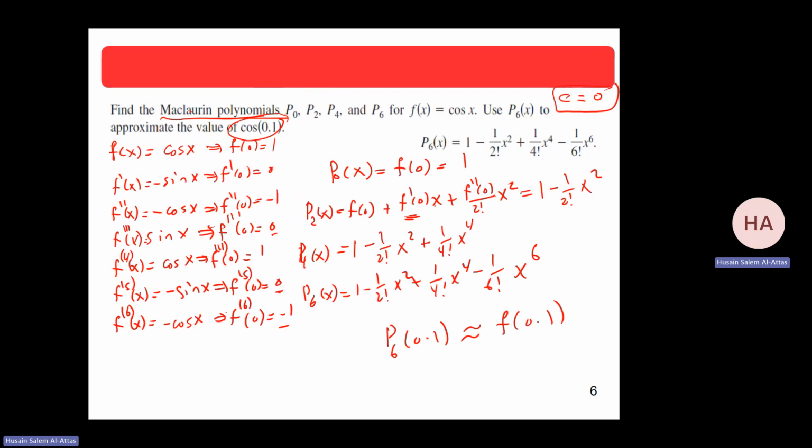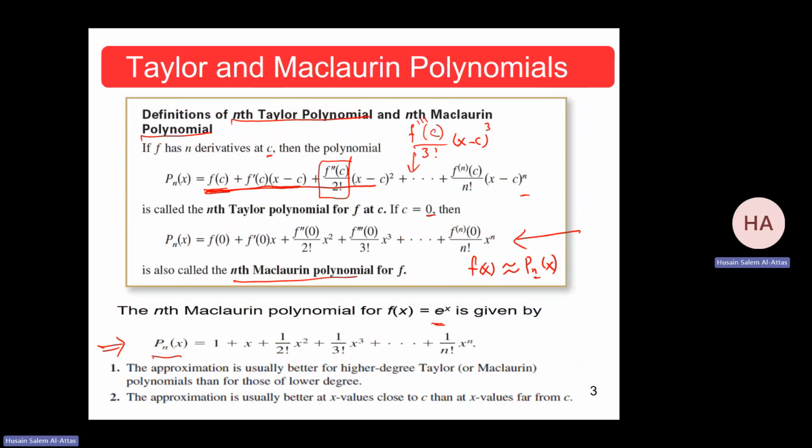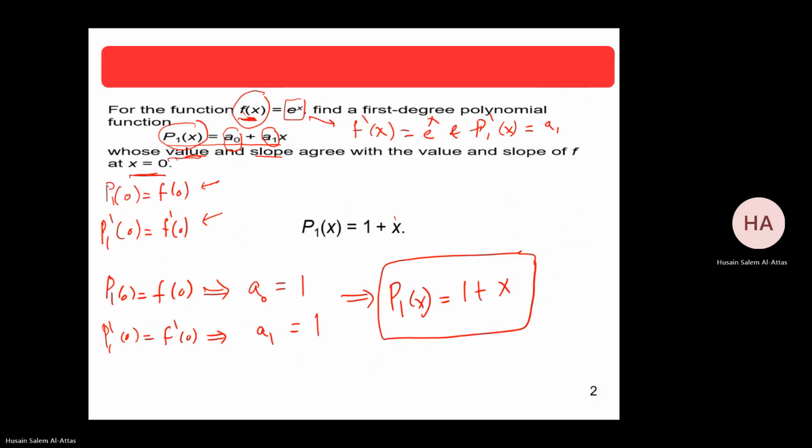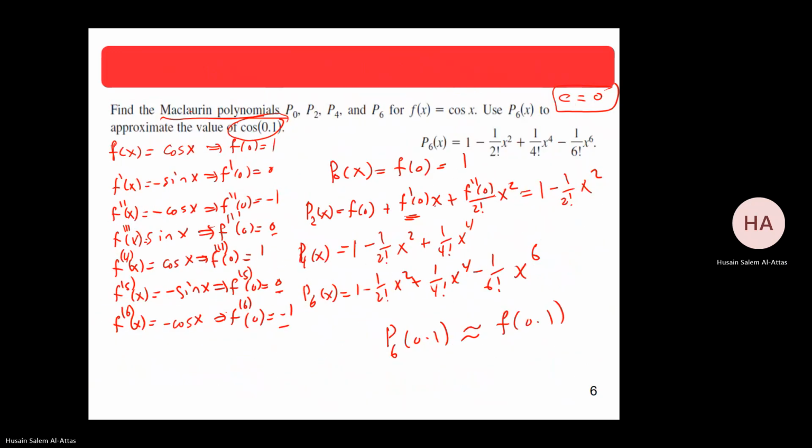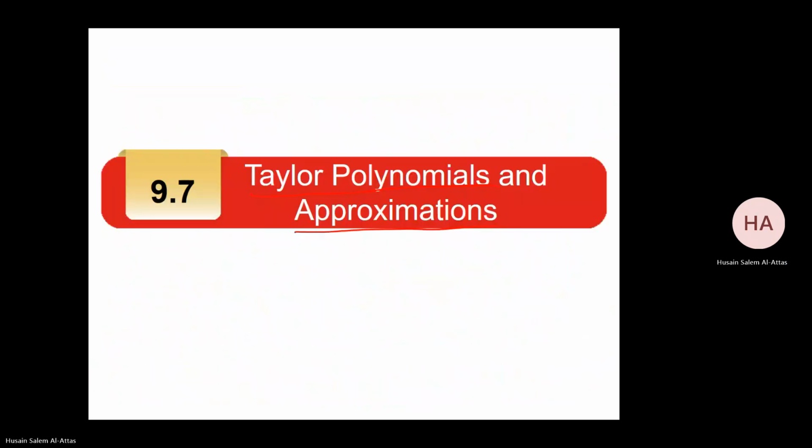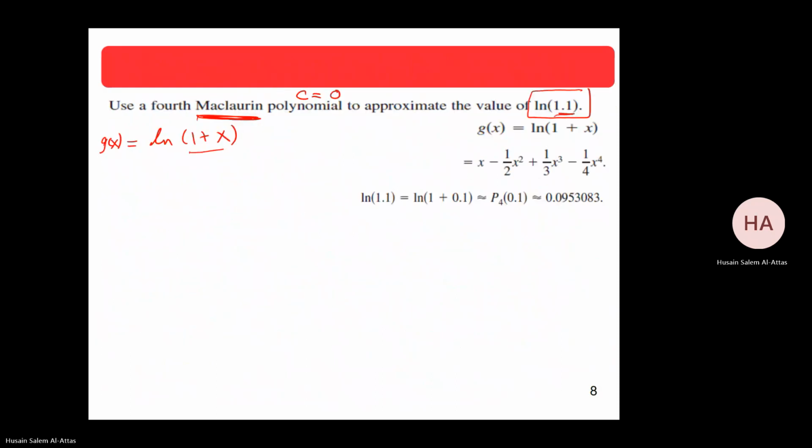If you remember, we said we want the values close to c. So c equals 0, then 1 is not far from 1.1.